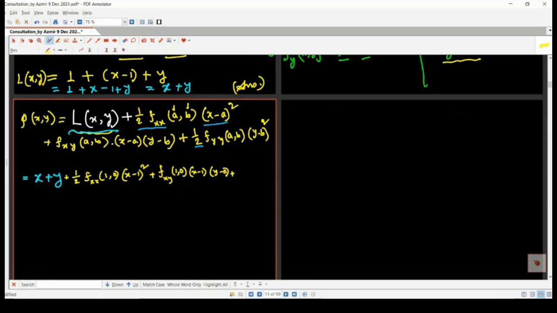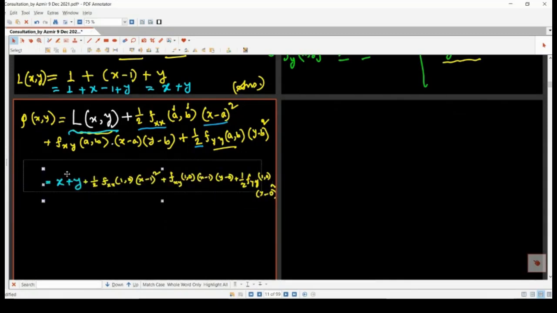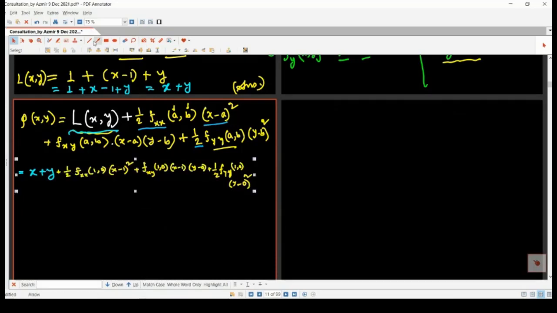Plus we have 1 by 2 f sub yy of a comma b, means 1 comma 0, y minus b squared, that is y minus 0 squared. So now we need to find the unknowns. f sub xx, f sub xy, f sub yy.